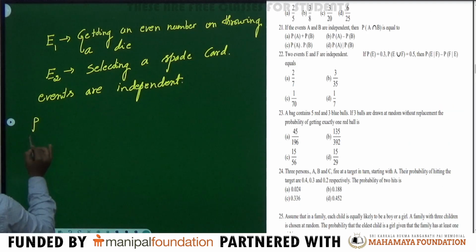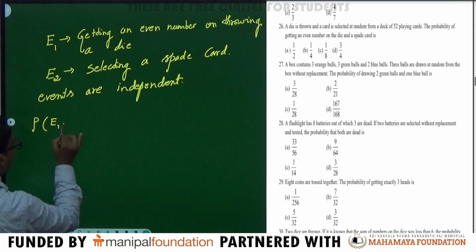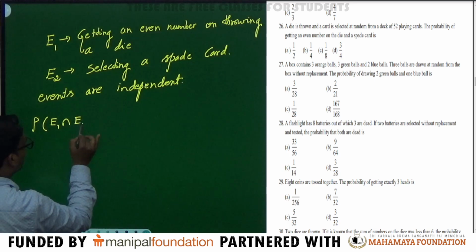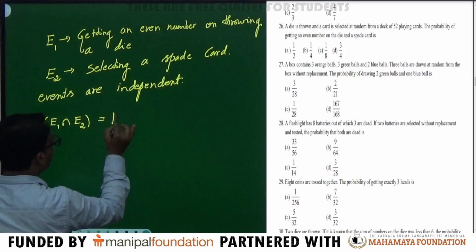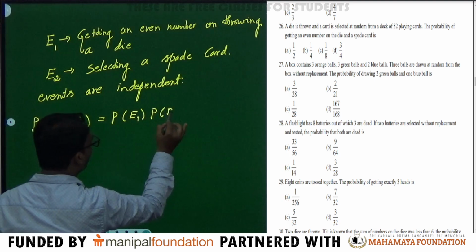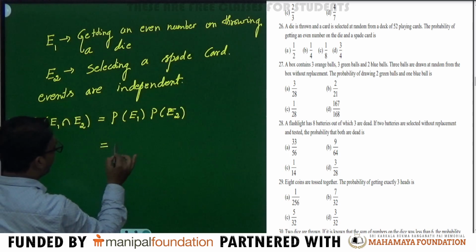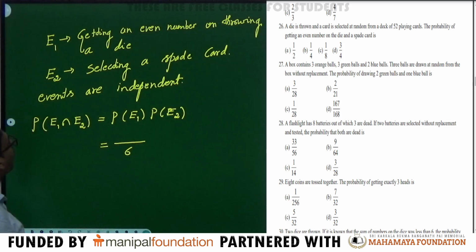Therefore, we need to find the probability of getting an even number and selecting a spade card, which is equal to probability of E1 into probability of E2. Whenever we throw a die, we get 6 outcomes in total. Out of that, getting an even number has only 3 possibilities.